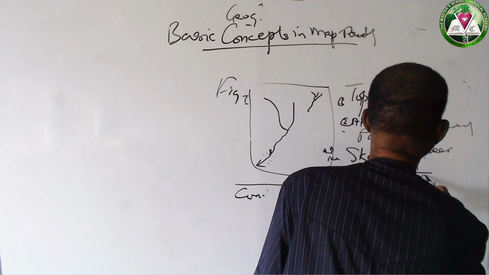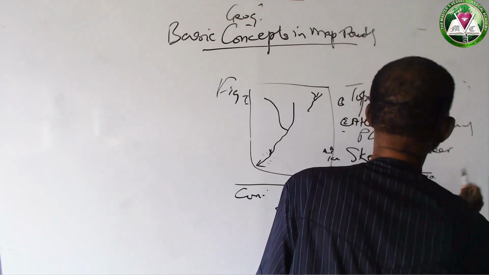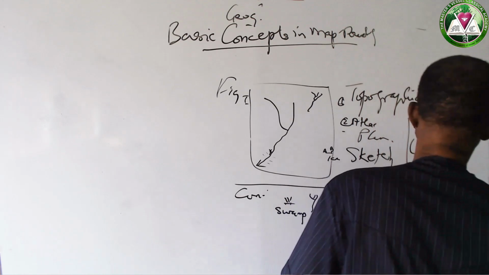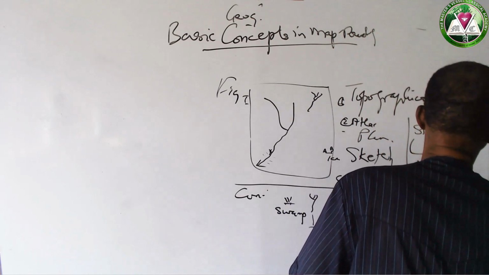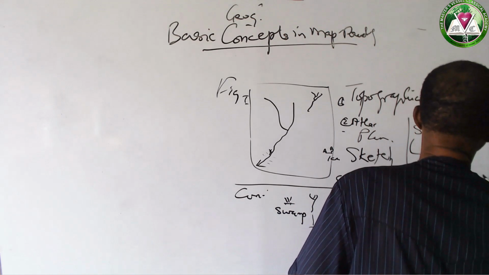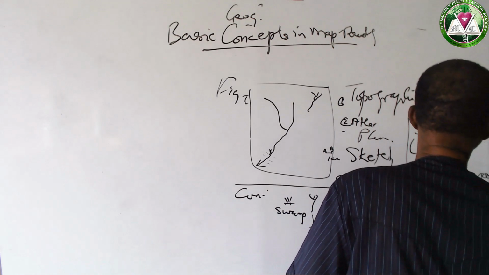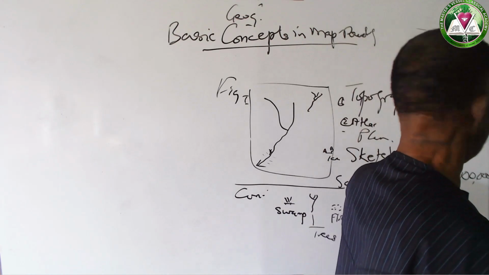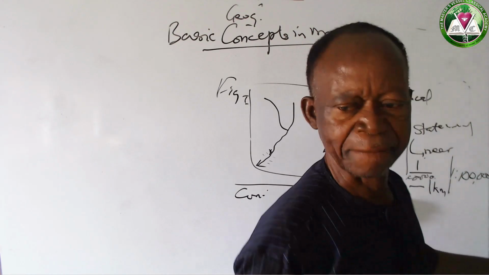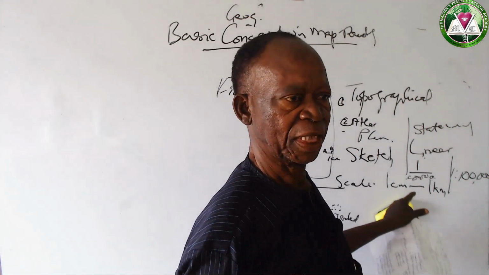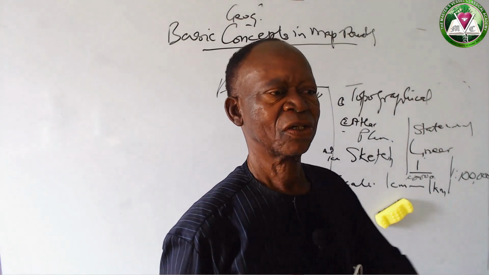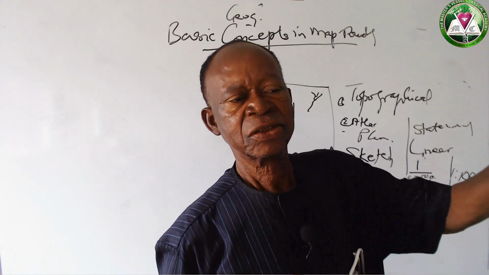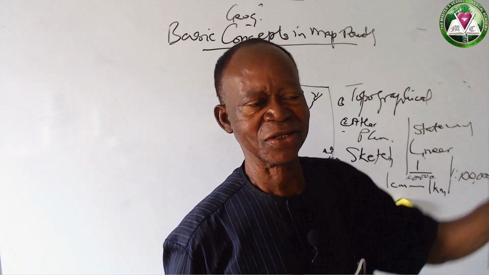Let this be 1 to 100,000, meaning that for every 1 cm in the map represents 100,000 centimeters.